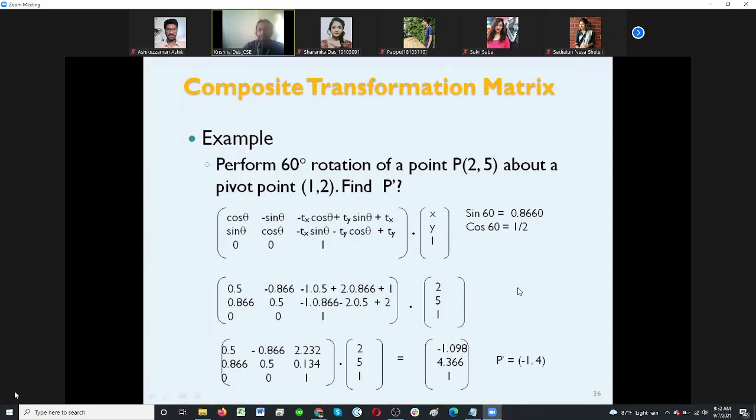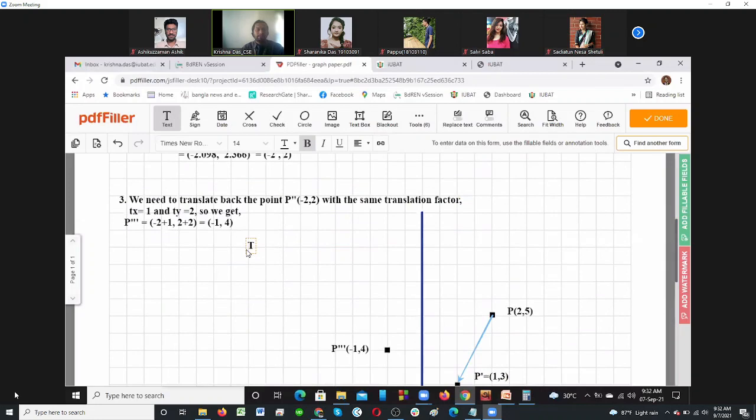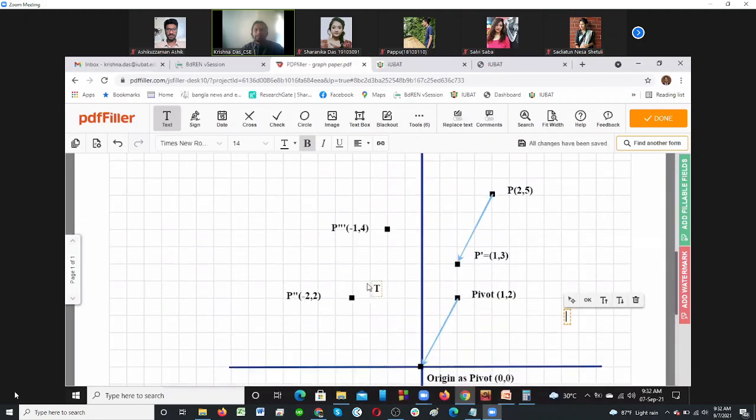If you have a question like this, students automatically come to know whether their calculation and all their activity was right or wrong. Without using the formula, we get the same value -1 and 4. That means our activity was right.